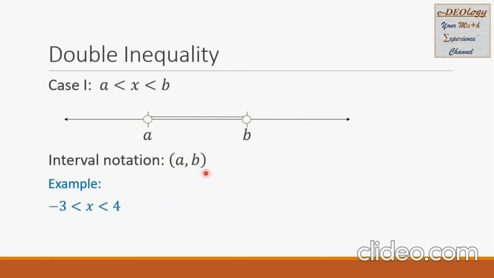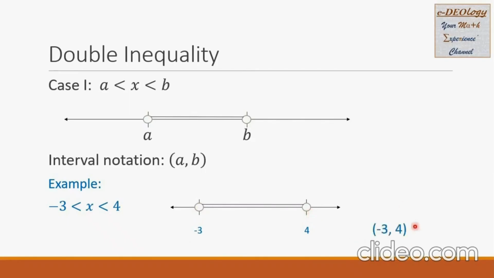Let's have an example. Negative 3 is less than x and x is less than 4. On the number line, we will put the negative 3 here on the left side and the number 4 on the right. Then we're going to connect the two numbers with a line segment, and on the exact numbers negative 3 and 4 respectively, we're going to put these holes.